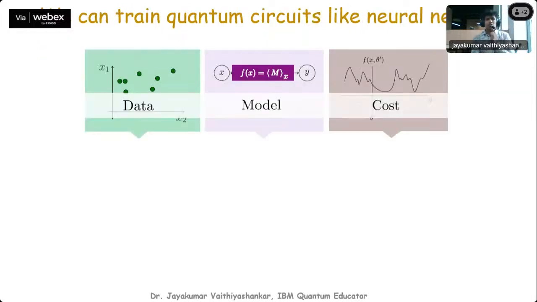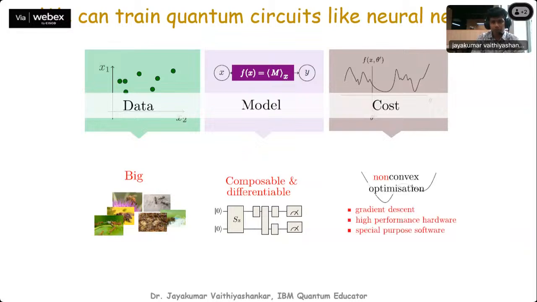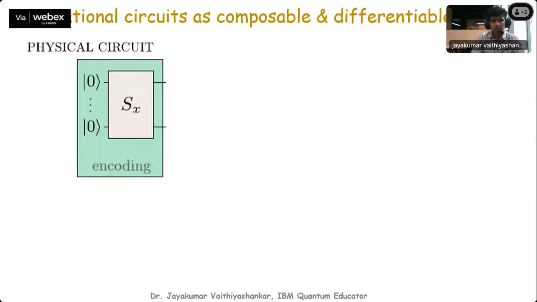So you can compare a quantum circuit to a neural network. You are able to train it if you have a very big model. If your circuit is composable and differentiable, then you can go for non-convex optimization. Suppose you have a physical circuit, and consider this a quantum function.